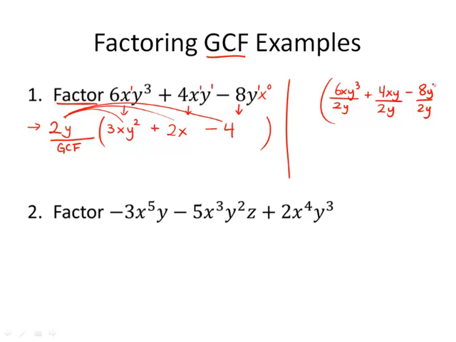However, if you're doing that, don't forget to write the 2y outside, because essentially you can multiply by 2y and divide by 2y, and multiplying and dividing cancels out, leaving you with the same expression, just written in a different way, in a factored form. So this will allow you to simplify directly.